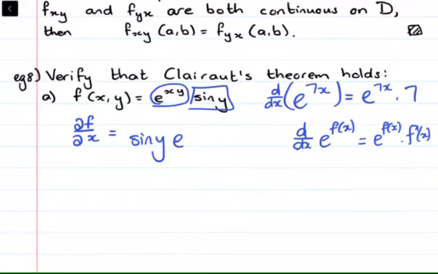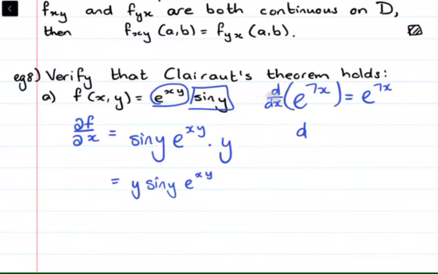So we keep the function e to the xy multiplied by the derivative of the top function. And then the derivative of the top function is y in this case. Remember that we consider x as a constant. So then the answer is y sine y e to the xy. Okay.